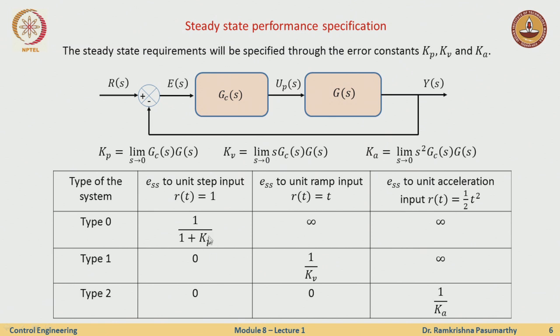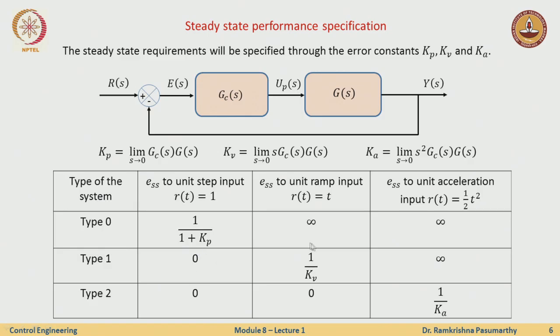And we know how to compute this Kp, right, with this simple formula. Similarly, a type 0 system will never be able to track a ramp signal, a parabolic signal, or other higher order signals. If the system is of type 1, which means G times Gc has a pole at the origin, then it can track a step input with 0 steady state error.